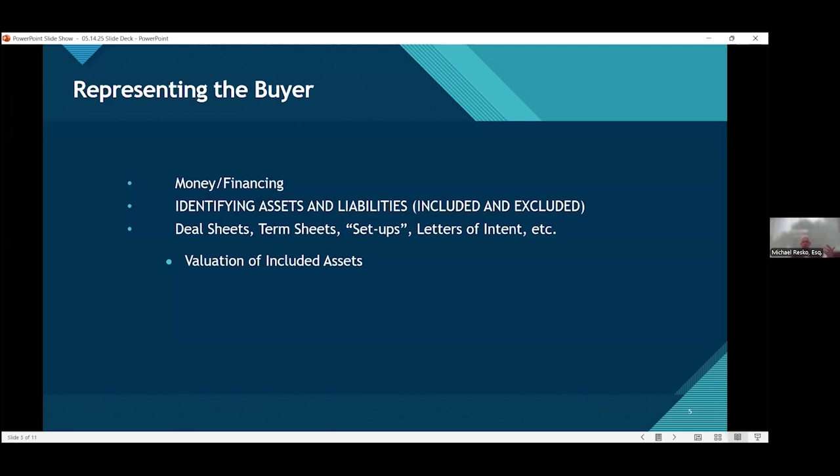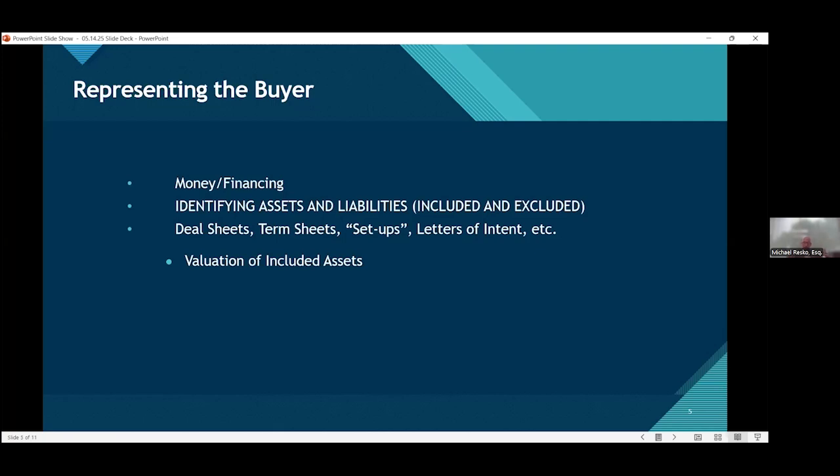But what's actually included, and how are these assets valued? This is important because the transaction is considered a bulk sale, and sales tax must be collected and paid in connection with the transaction. So there's a tax reporting form, the AU 196.10.